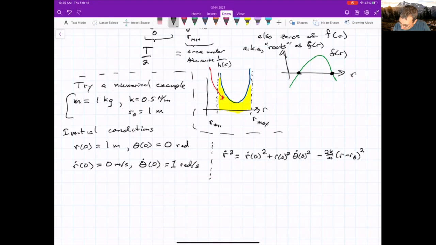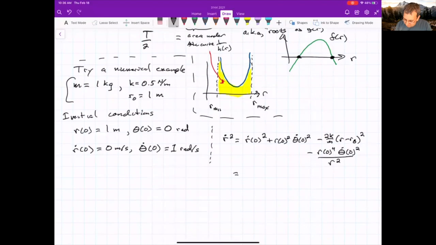And we got something else, minus R initially to the 4th divided by theta dot initially squared, times that, and then divided by R squared.